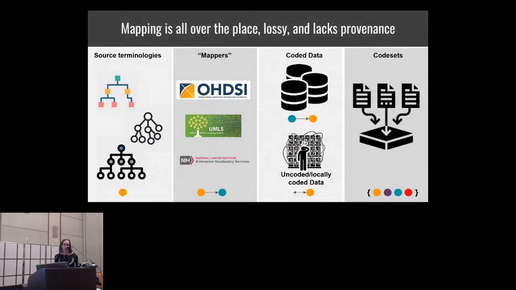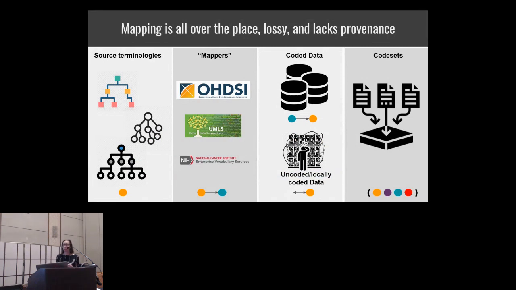So this kind of mapping goes on all over the place. So we have source terminology mapping from one to another. We have something encoded in the National Cancer Institute's thesaurus mapped to ICD-10. And so there's lots and lots of examples of that. And again, those associations are largely unqualified, which doesn't mean to have that mapping.